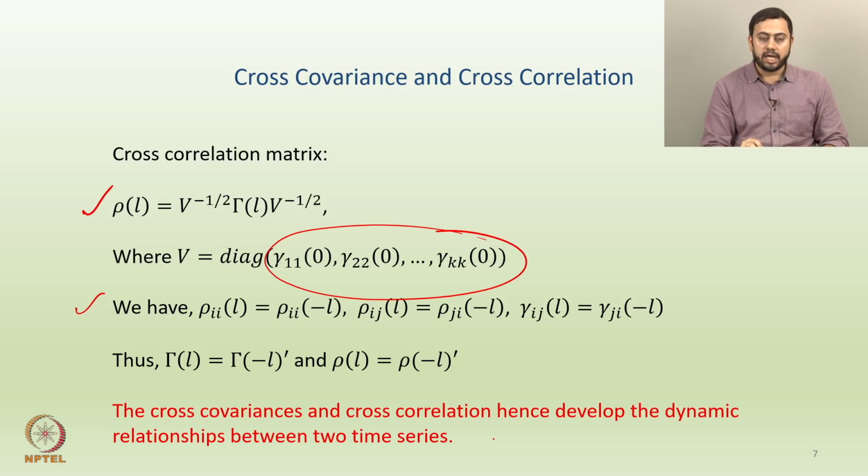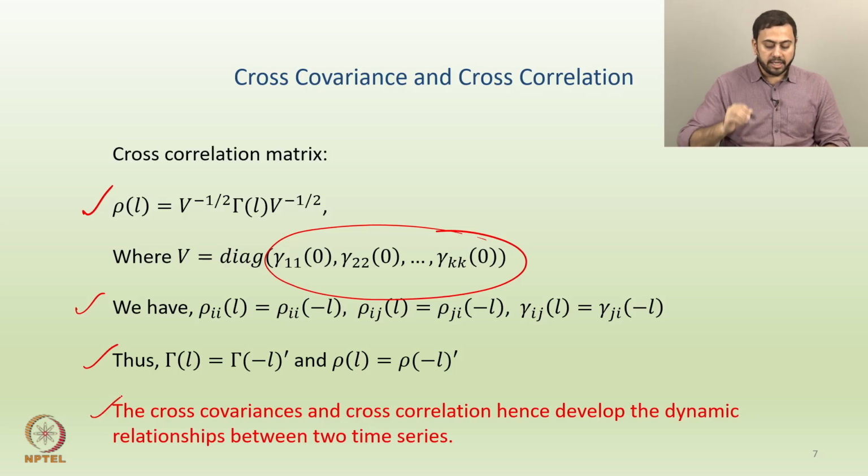Or rho_ij(L) should be equal to rho_ji(-L), or gamma_ij(L) should be equal to gamma_ji(-L). These are some interesting properties of the cross covariance matrix and the cross correlation values. Hence, gamma(L) equals gamma(-L) transpose, and similarly rho(L) equals rho(-L) transpose.